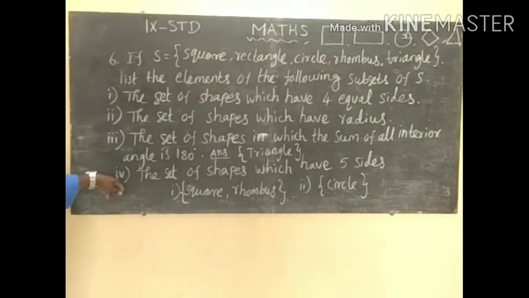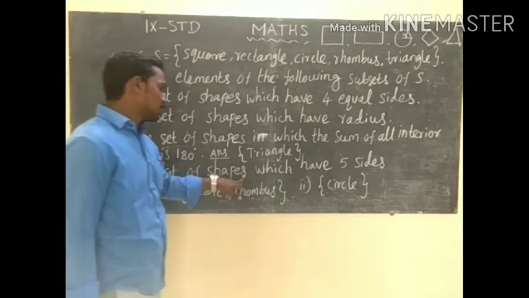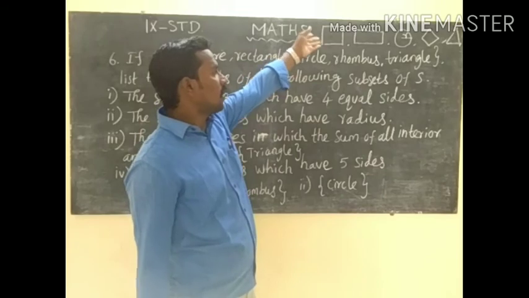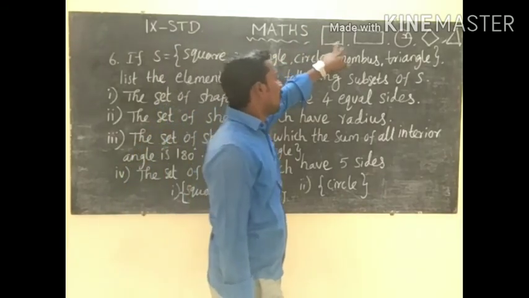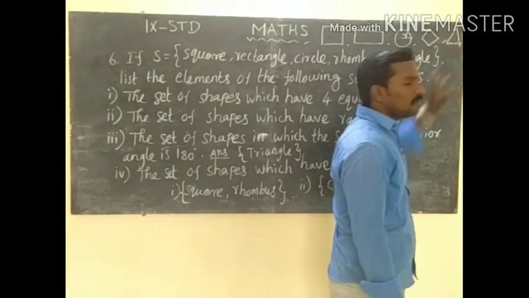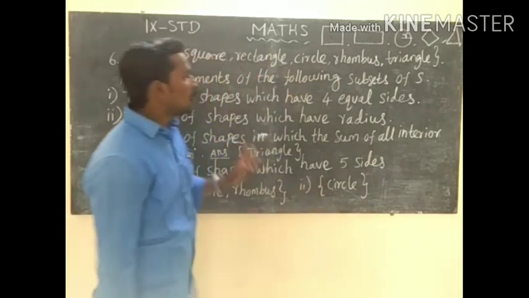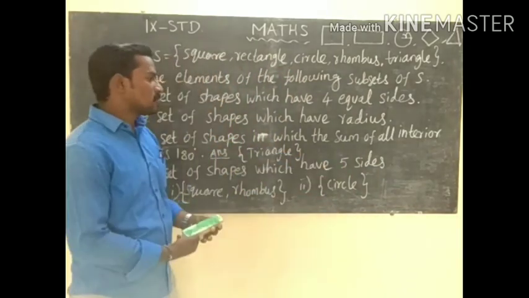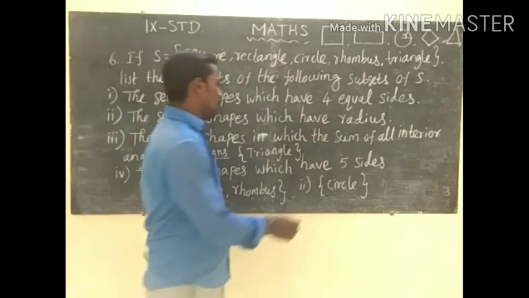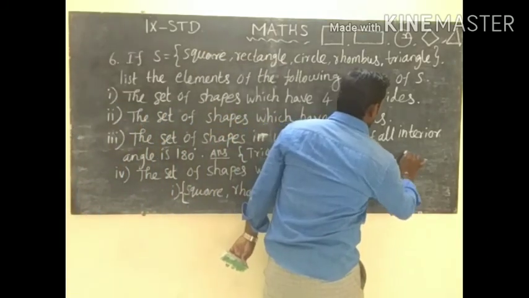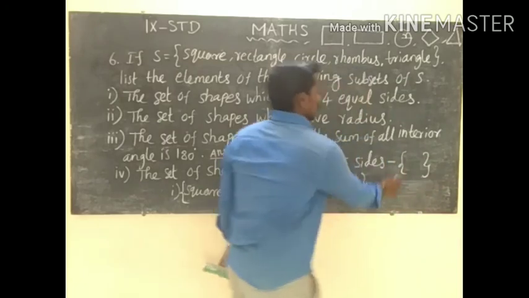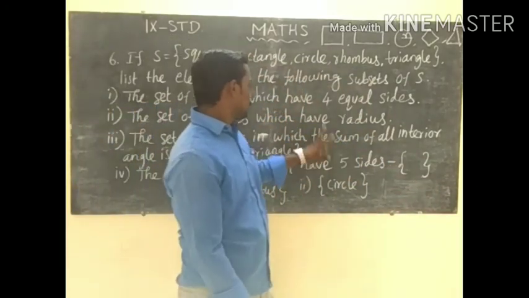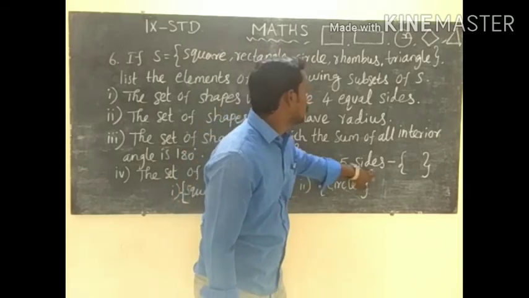The fourth question: the set of shapes which have 5 sides. Consider the given shapes. These all have a maximum of only 4 sides. No shape appears to have 5 sides. So it has no elements; the empty set is a subset of the given set S. This is the answer, because no shape has 5 sides.